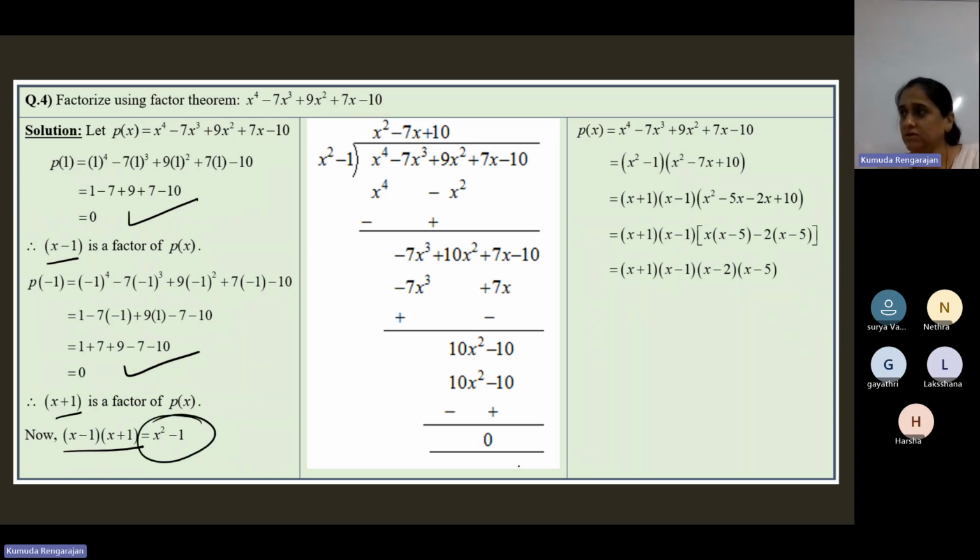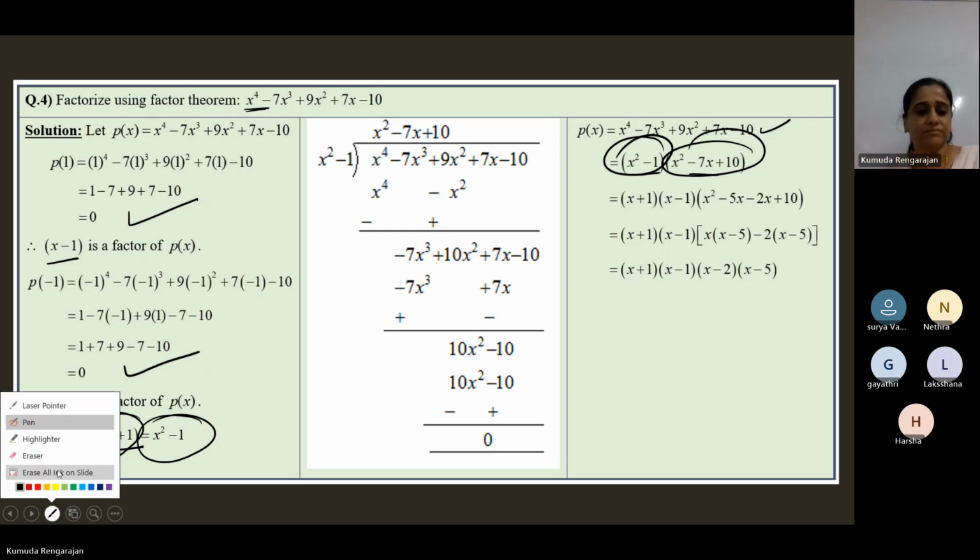Long division. When the degree is 4, how many factors should you find? 2 factors, and multiply the 2 factors. And then long division, and then the division algorithm. Dividend is equal to divisor into quotient. This one you can put it back. This one you'll have to split the middle term, and like that you'll get all the 4 factors.